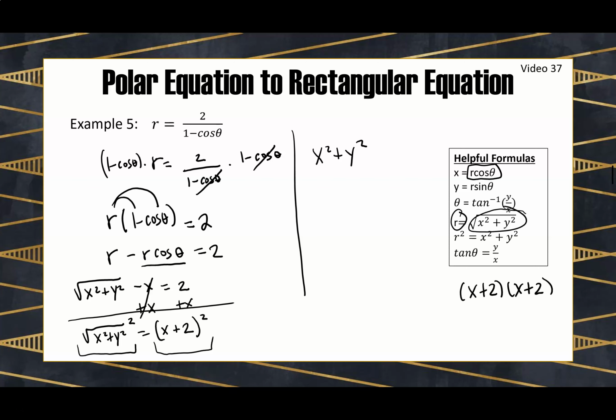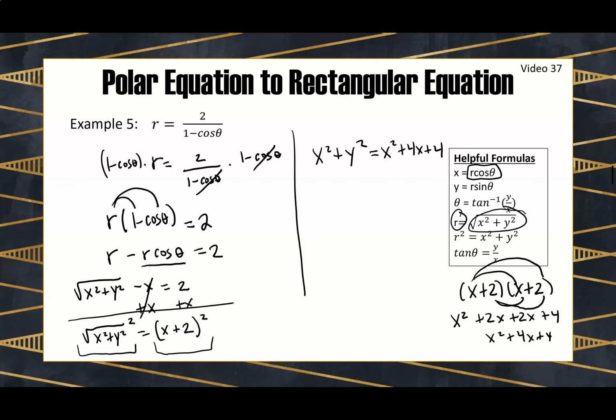So that's first, outer, inner, last. So we'd get x squared. Then an outer would give me 2x. An inner would give me 2x, and a last would give me 4. So this is x squared plus 4x plus 4. And most of you can do that in your head at this point.